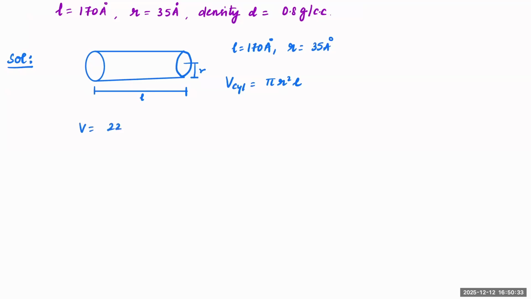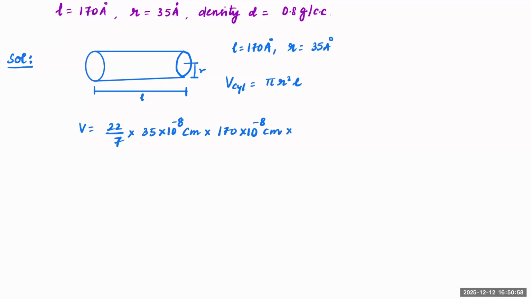So you'll get this as 22 by 7 multiplied by 35 into 10 raised to power of minus 8. I'm trying to write everything in grams, beta. That's why I'm putting, you can see the density is given in gram per ml. That's why I'm trying to produce everything in grams. So this into 170 into 10 raised to power of minus 8 centimeter again.